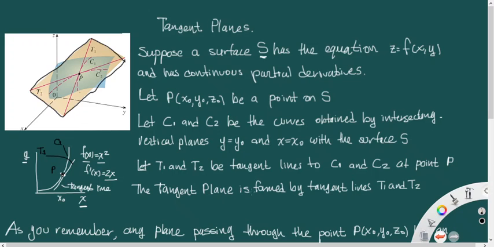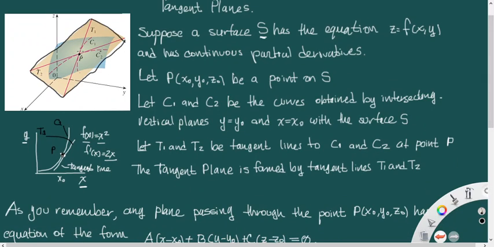Now, the tangent plane is formed by the tangent lines T1 and T2, and that's the tangent plane to the surface at point P.